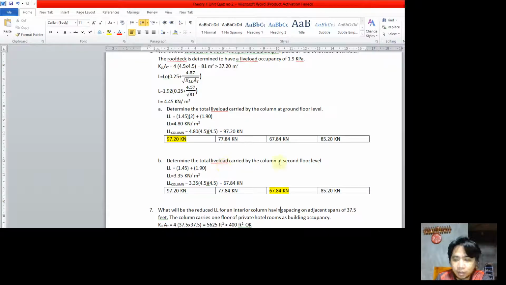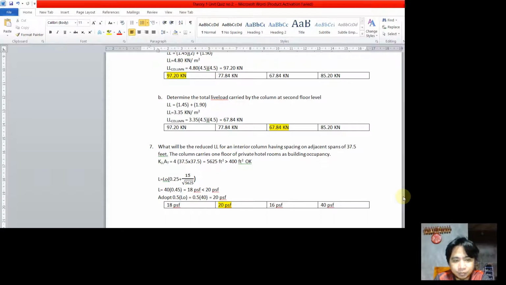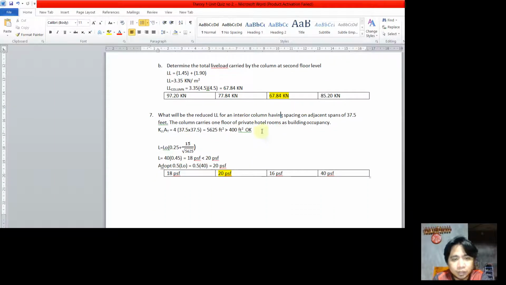Okay. So next we have number 7. For number 7, what will be the reduced live load for an interior column having spacing on adjacent spans of 37.5 feet? The column carries one floor of private hotel rooms as building occupancy.